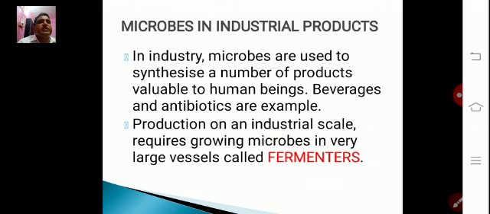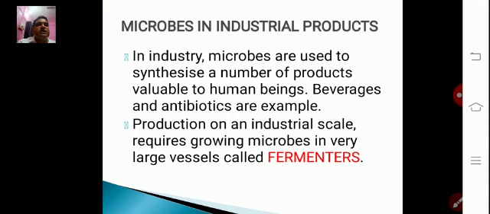The next topic is microbes in industrial products. These are produced by the activity of yeast and yeast like microorganisms. Yeast is used to produce beverages like wine, beer, whiskey, brandy and rum.